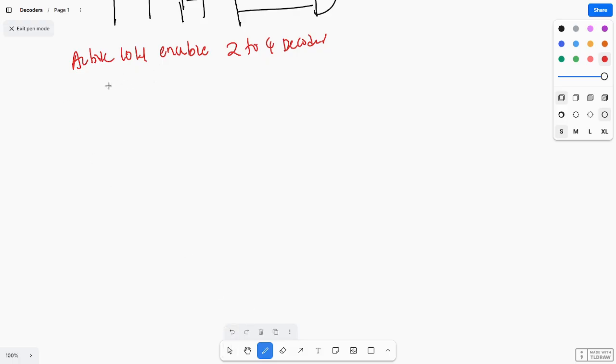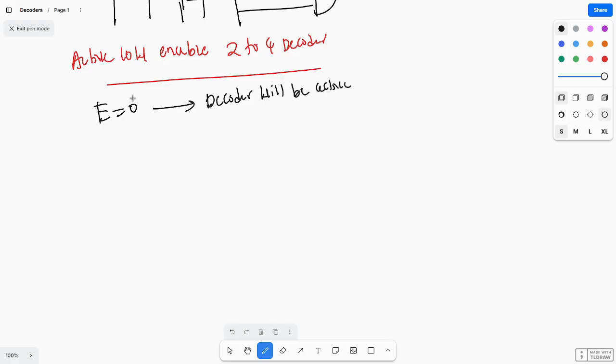When enable equals 0 only, the decoder will be active. When enable equals 1, the decoder will be inactive. And at a time any one of the outputs will be 1.